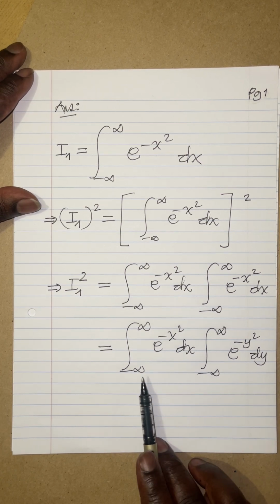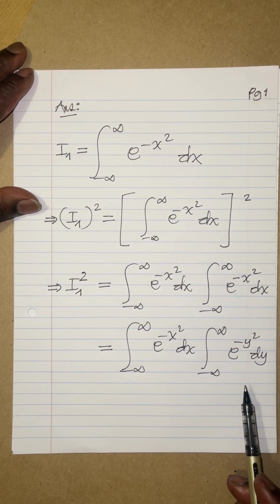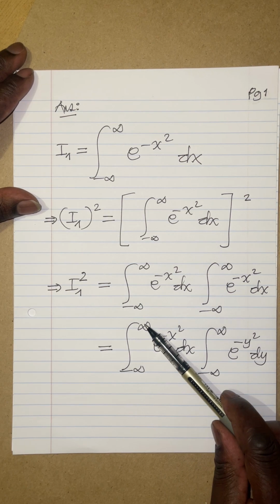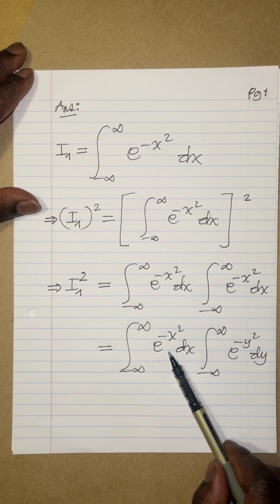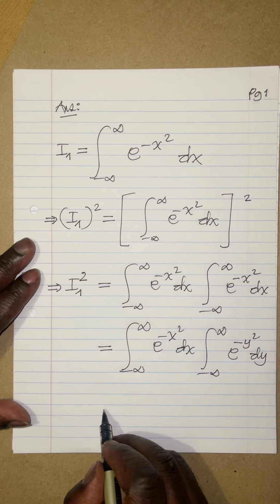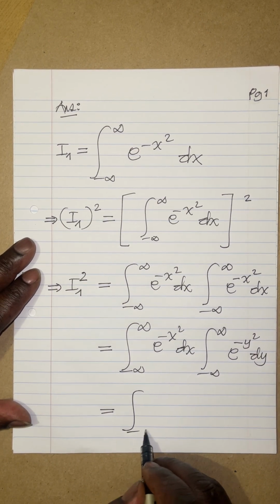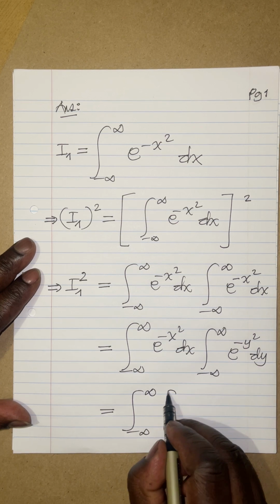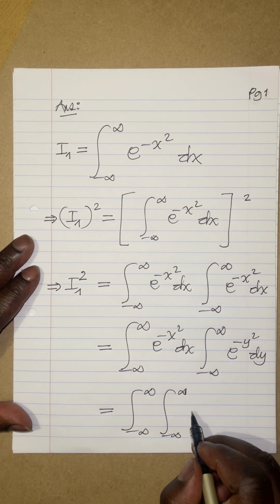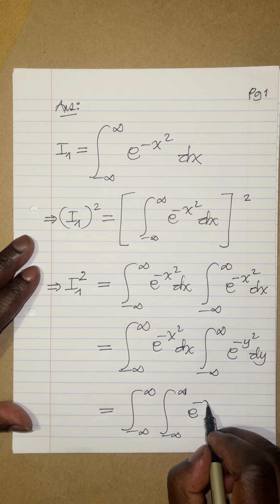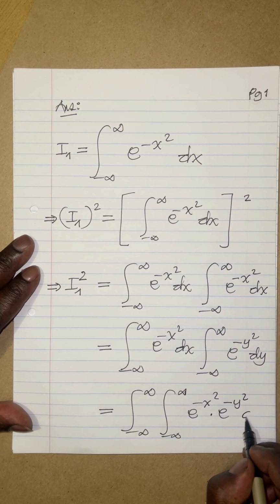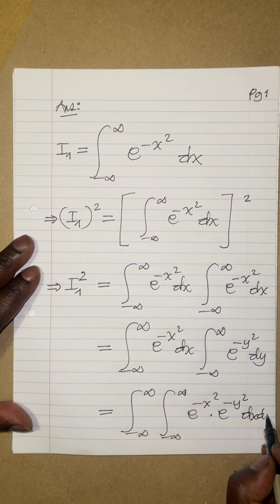Now, looking at this part here and understanding that we're integrating from minus infinity to positive infinity in both cases, we can combine these two functions, forming what we call a double integral. So this will be the integral from minus infinity to positive infinity, integral from minus infinity to positive infinity of, watch this, e to the power minus x squared times e to the power minus y squared dx dy.